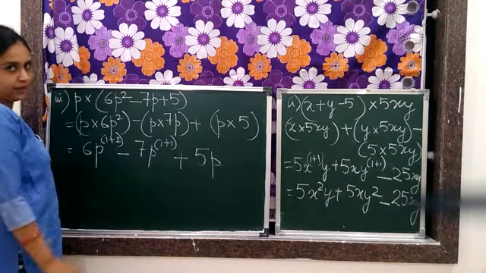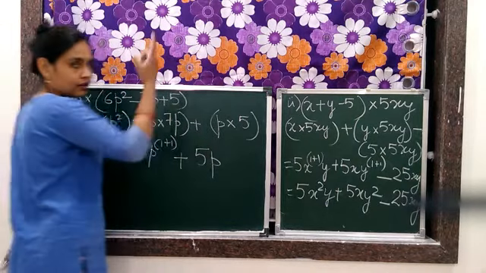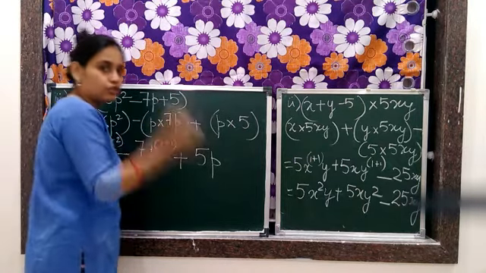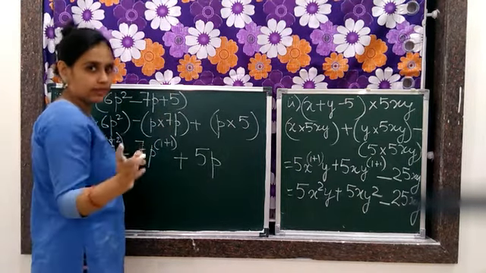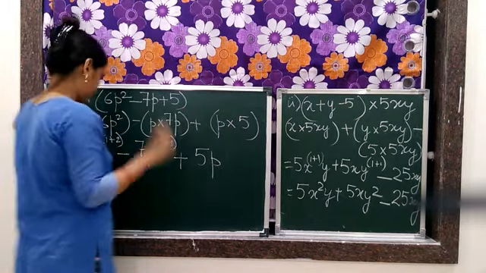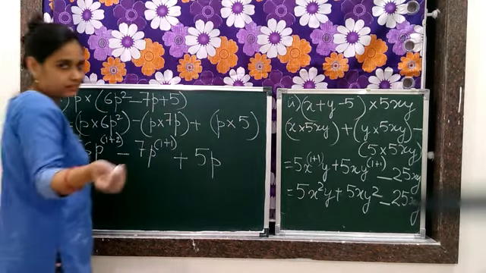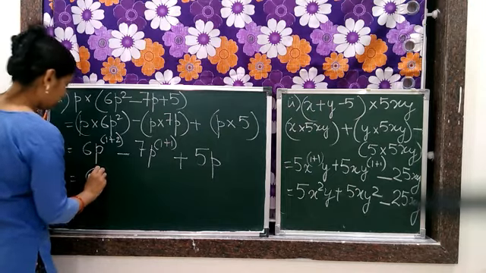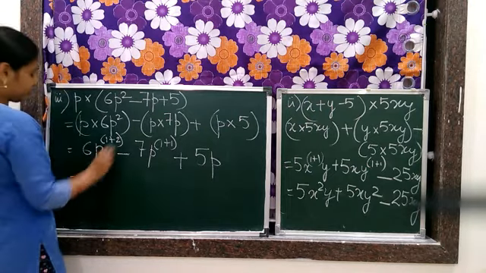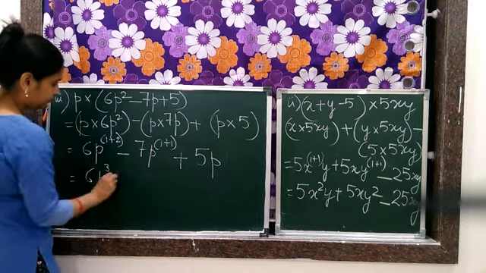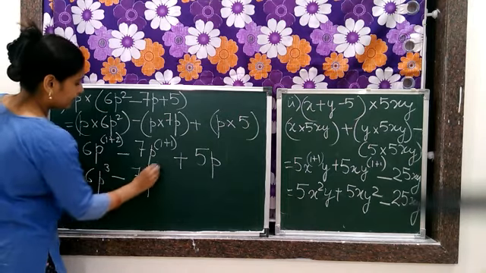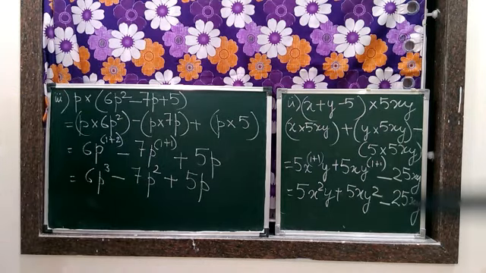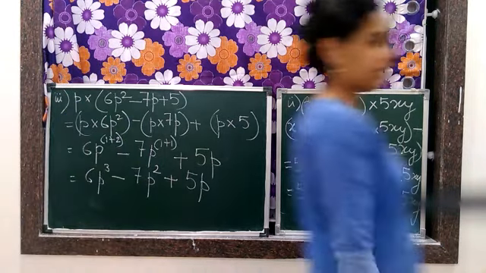No powers of p will be added because p is not common, or no variable is common. So we can change the statements and say it in different ways. Now 2 plus 1 is 3. P becomes cube and this remains 5p. Okay, so this completes the third one, children.